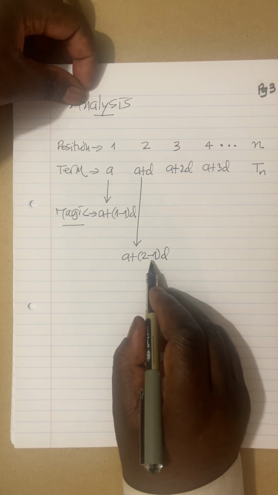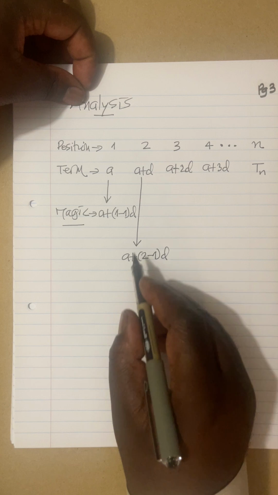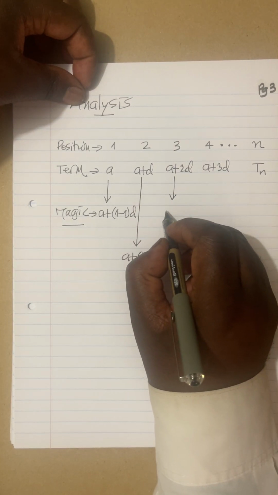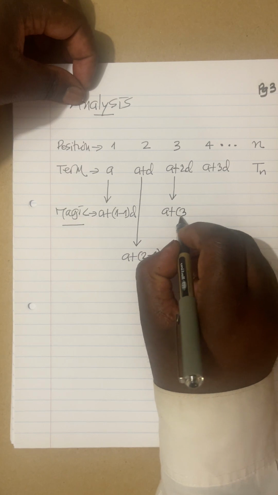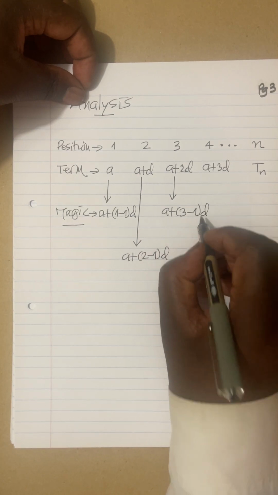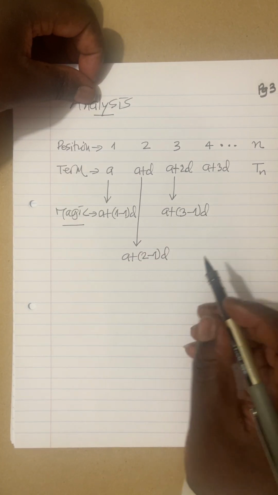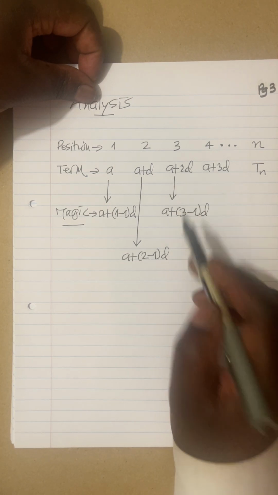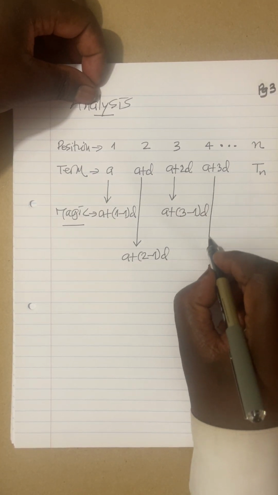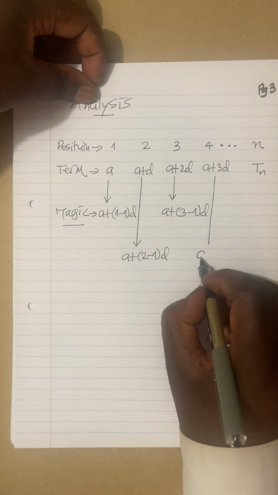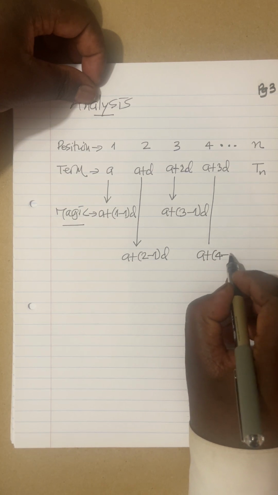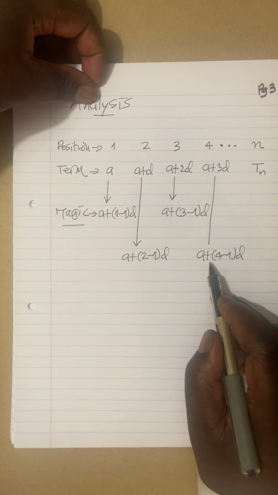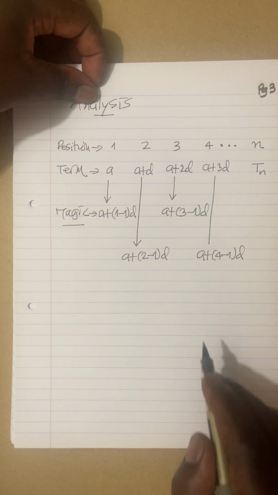Obviously, 2 minus 1 is 1, times d is d, so a plus d. This term here, I can write as a plus 3 minus 1 times d. 3 minus 1 is 2, times d is 2d, so a plus 2d. This term here, I can write as a plus 4 minus 1 times d, and 4 minus 1 is 3, times d is 3d, a plus 3d, which is what we have there.